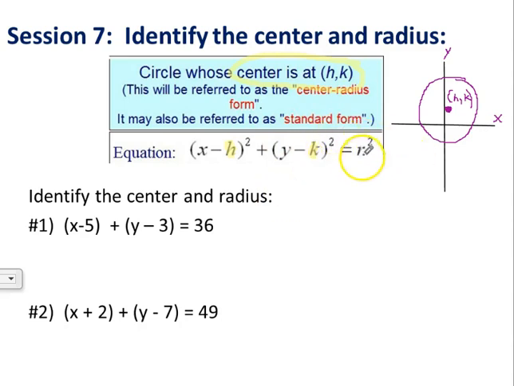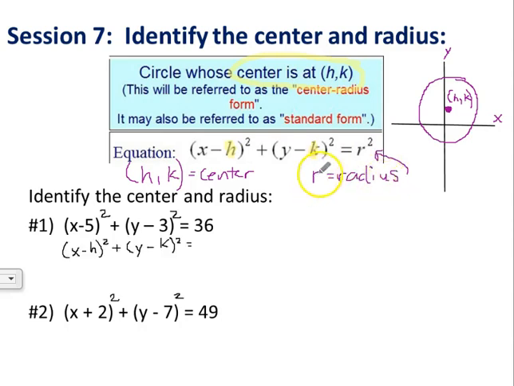And then r, so (h, k), remember, represents your center. And then r is going to be squared. So if you take the square root of whatever number is given after the equal sign, or look at it as r squared, r is going to represent the radius. So plain old r, without being squared, is the radius.